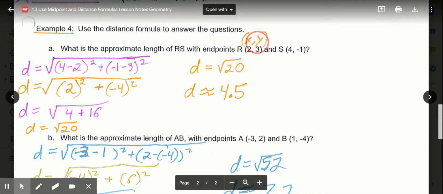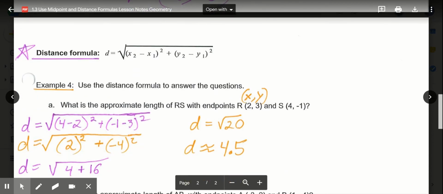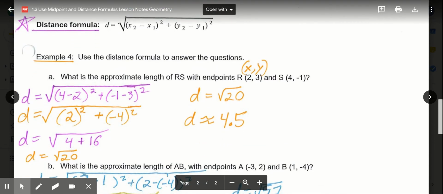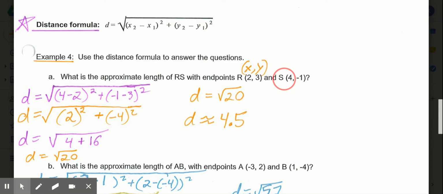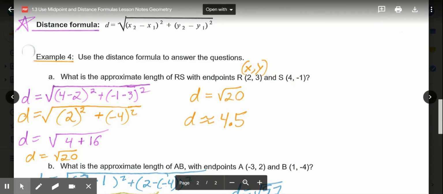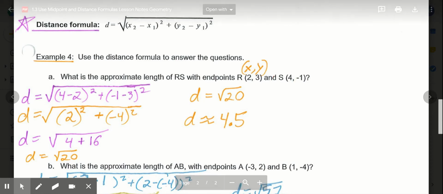And again, remember, all coordinates are given to you in x, y. So our distance formula here, x sub 2 minus x sub 1. So I'm going to start with the S coordinates. So that will be my x2 and my y2. So I would have a 4 here and a -1 here.